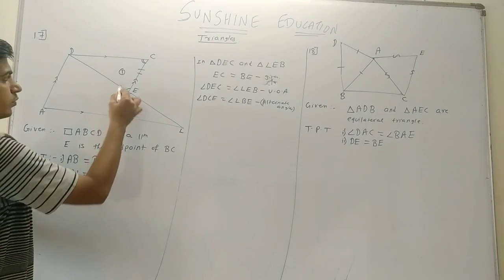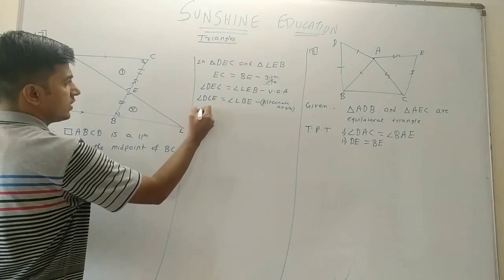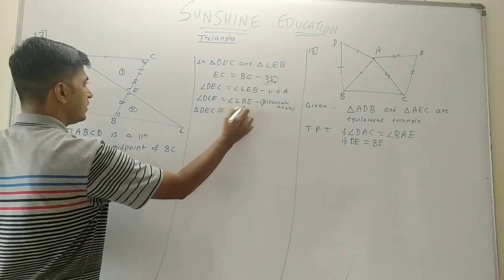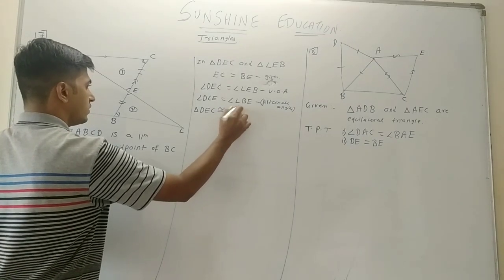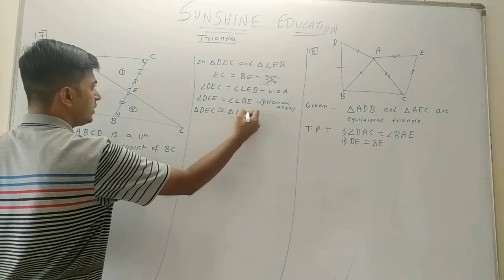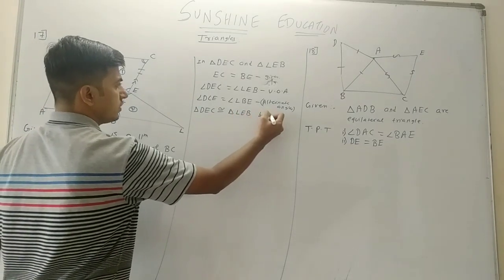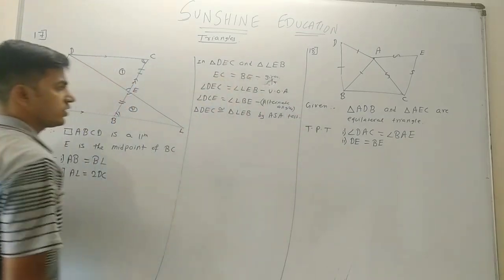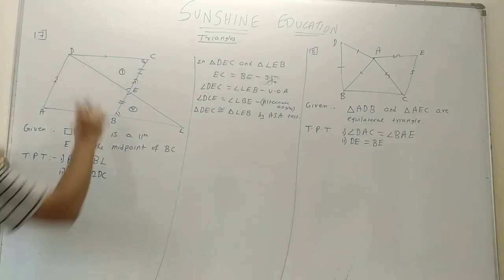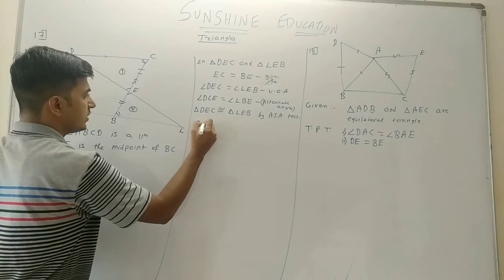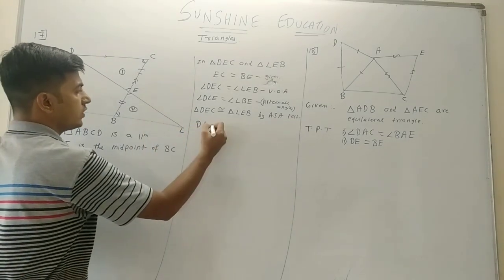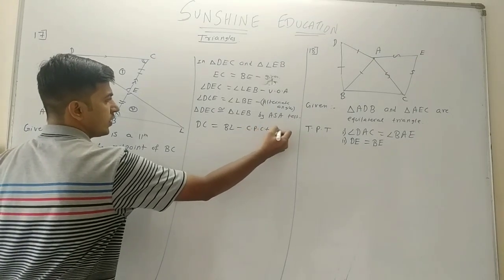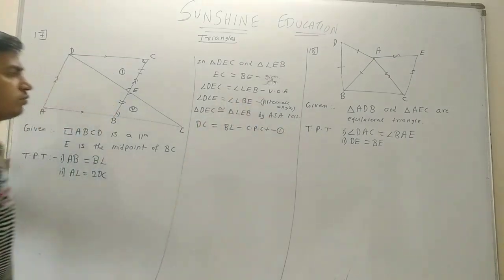So you can see that both the triangles are congruent, triangle DEC is congruent to triangle LEB by angle side angle test. Therefore, I can say that BC is equal to BL, corresponding parts of congruent triangles. I will name this as equation number 1.